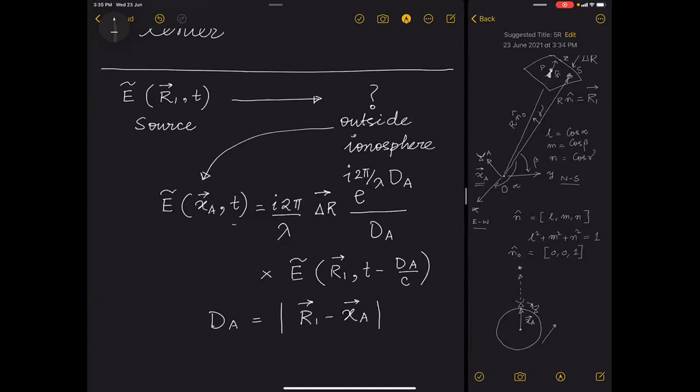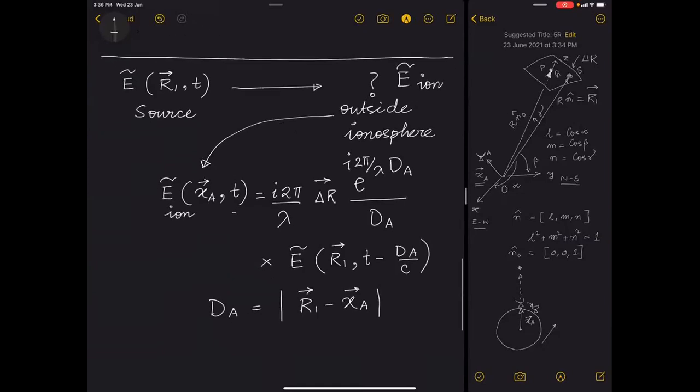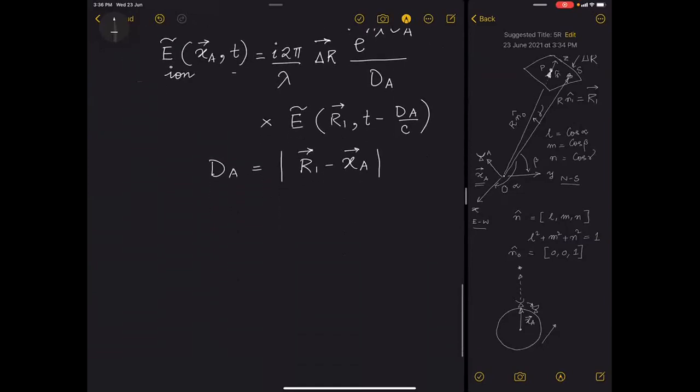Okay, so let me call it E_ion. So we have come up to the ionosphere, outside the ionosphere. So let's go through the ionosphere now. What happens if I look at this field, which is outside the ionosphere and just above the antenna?